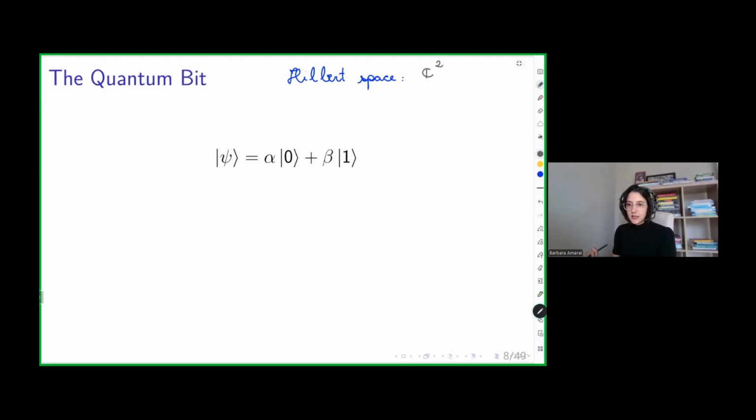Generally, we choose the standard basis, (1, 0) and (0, 1). And we call these the vector 0 and the vector 1.